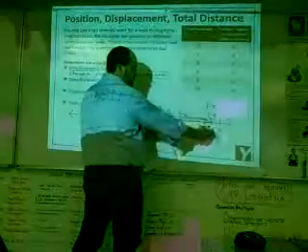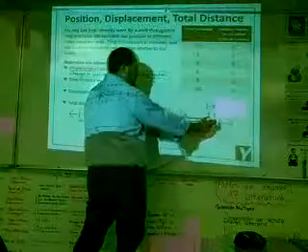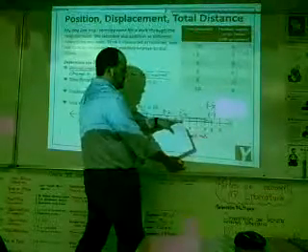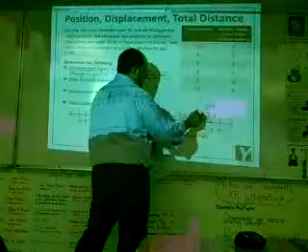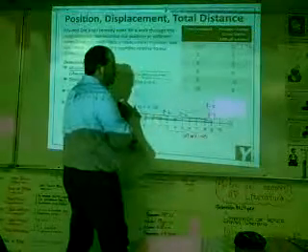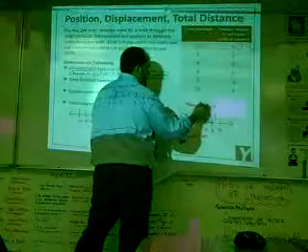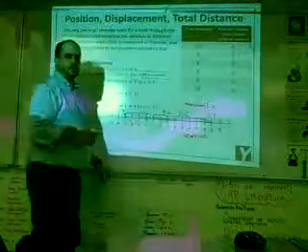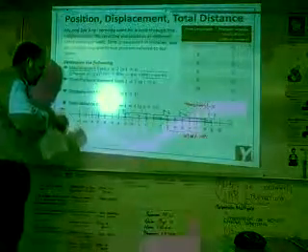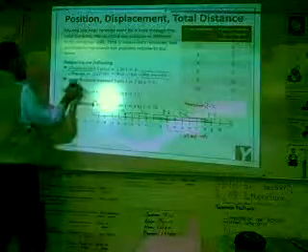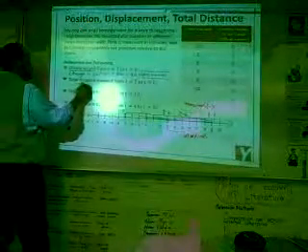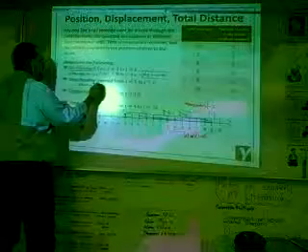So from 2 to 4, I traveled 600 meters. From 4 minutes to 6 minutes, I traveled back. How far did I go back? I went back 400 meters. My total distance traveled is actually going to be the sum of those two. It's the positive sum. So this is just going to be my 600 meters plus my 400 meters.